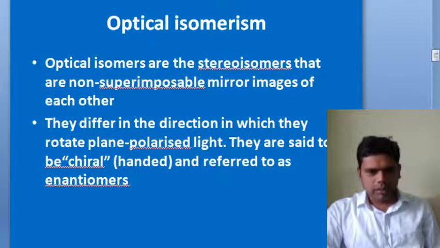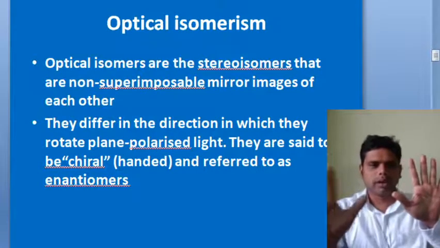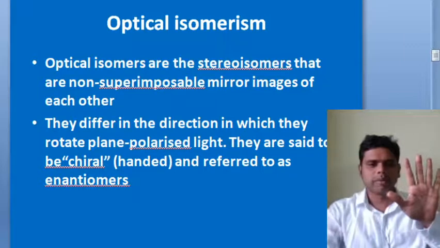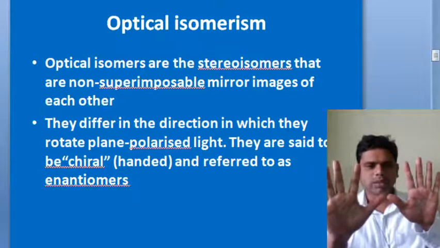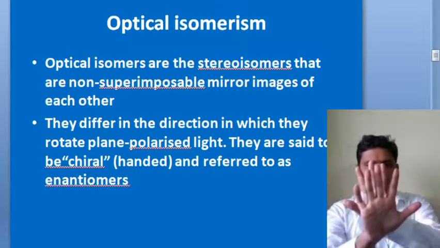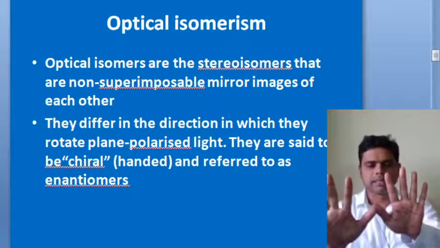And usually optical isomers must be non-superimposable mirror images, just like our hands. Two hands are non-superimposable mirror images. I have removed my hand, and its mirror image, if you want to see, it will be this one. When I try to bring this one onto this one, it is non-superimposable, and this is referred to as chirality.